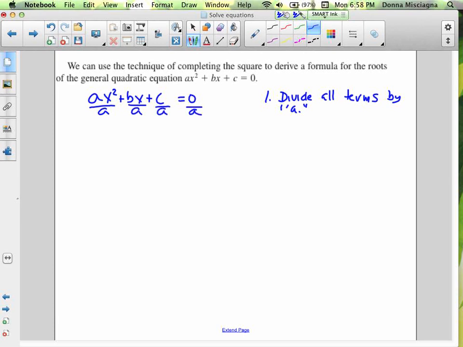Everybody gets divided by a. The a's will cancel now, we just have x squared. So x squared plus the coefficient now on x is b divided by a, plus c divided by a, and 0 divided by anything is 0.